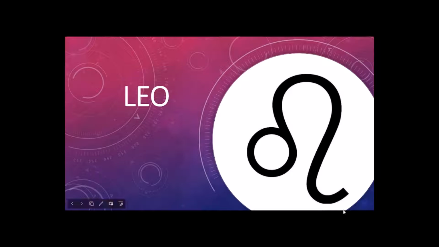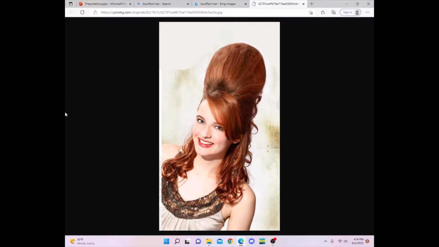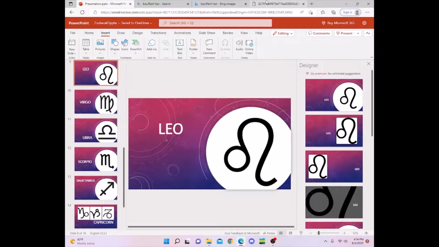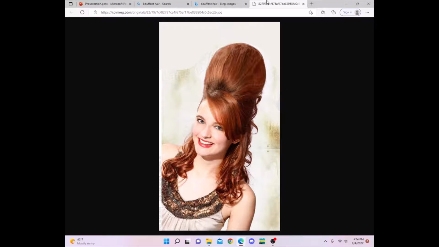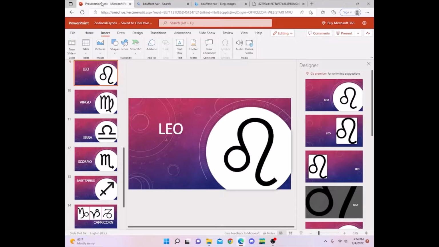Think of this as the tail of the lion, where it's kind of skinny, and then at the end you get this puffball of lion fur. You can also think of the Leo glyph as kind of a bouffant hairdo. Just pretend that the Leo glyph is big, rounded hair.